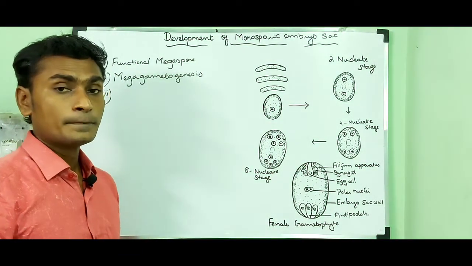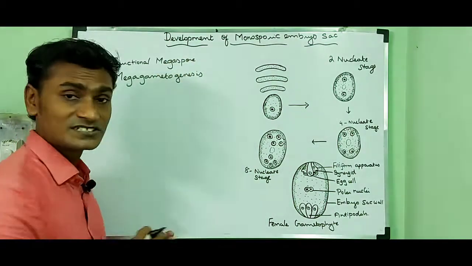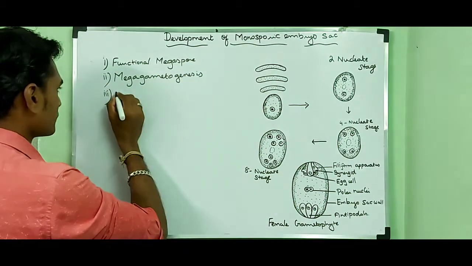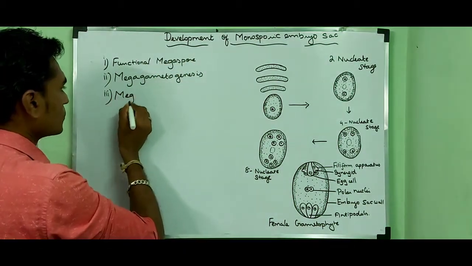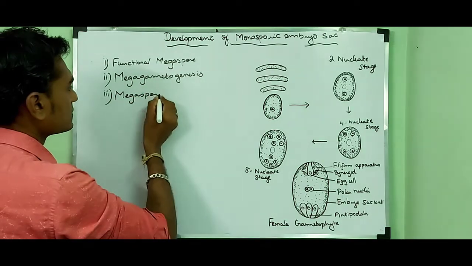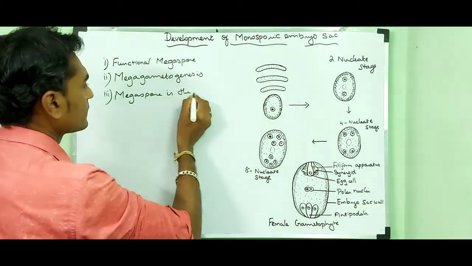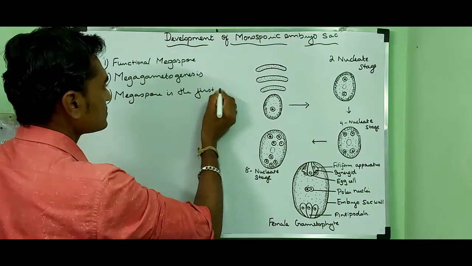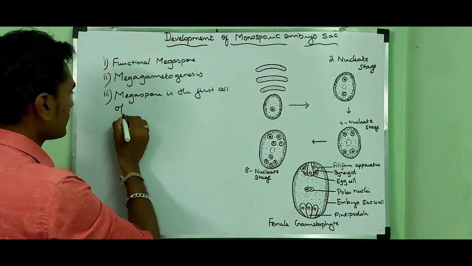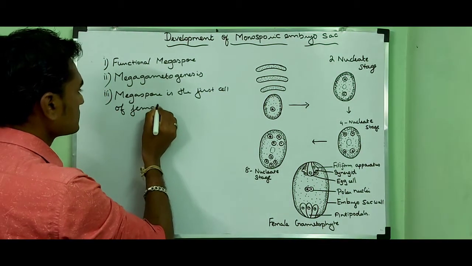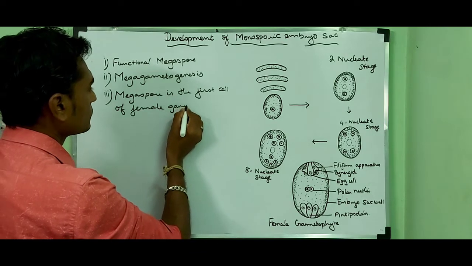The megaspore is the first cell of the female gametophyte.